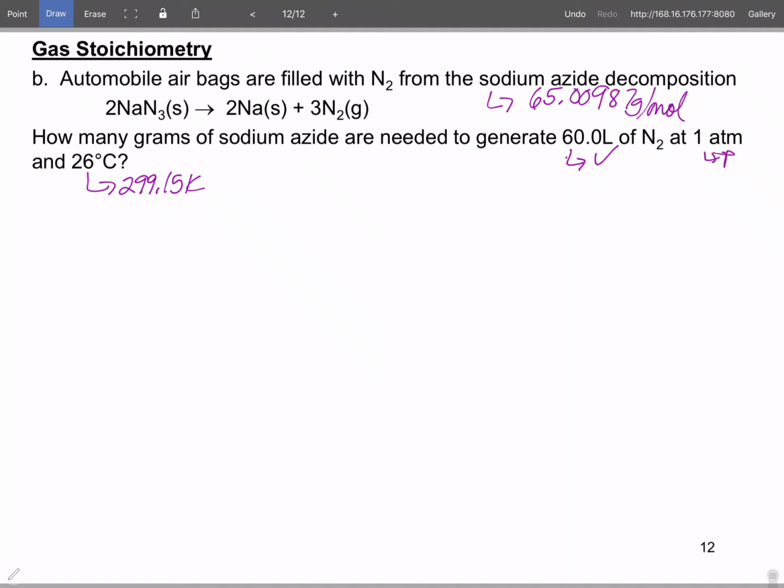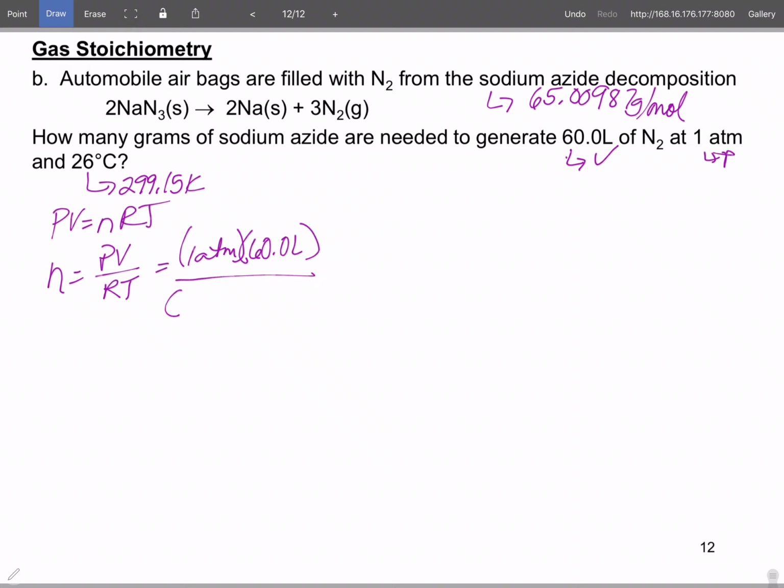We get the nitrogen moles from the gas law. So we're going to do our gas law first here. So PV equals nRT. N is what we're looking for. That's PV over RT. So our pressure is 1 atmosphere. Our volume is 60 liters. Wow, that's a lot.